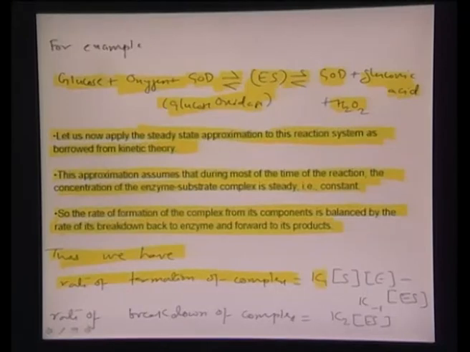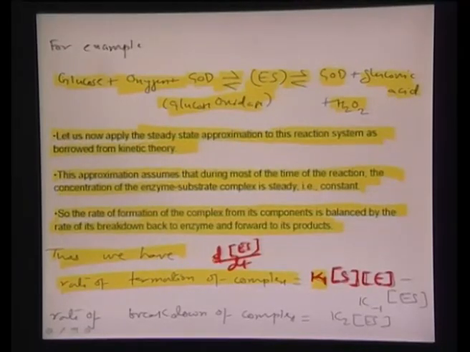So K1 is the rate constant, so you can have the rate of formation of the complex, that means dES by dt. It's a positive rate, so you are formulating essentially K1, which is the rate constant, times the concentration of the substrate times the concentration of the enzyme, minus the reverse rate, which is K minus 1 times the concentration of ES, which also shows the breakdown of ES into individual enzyme and substrate.